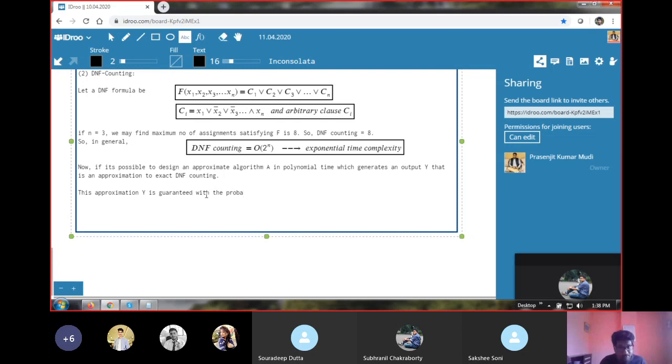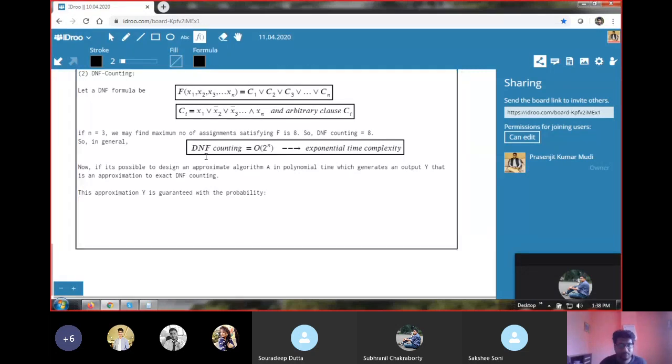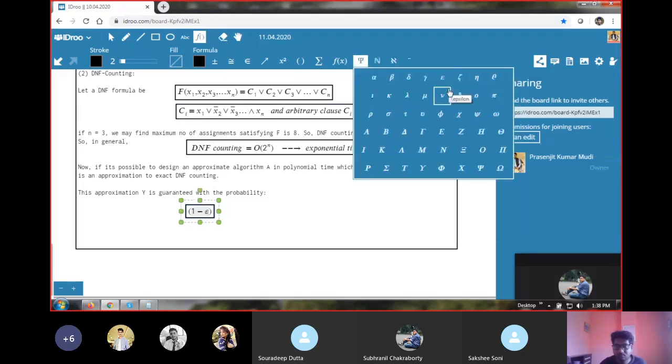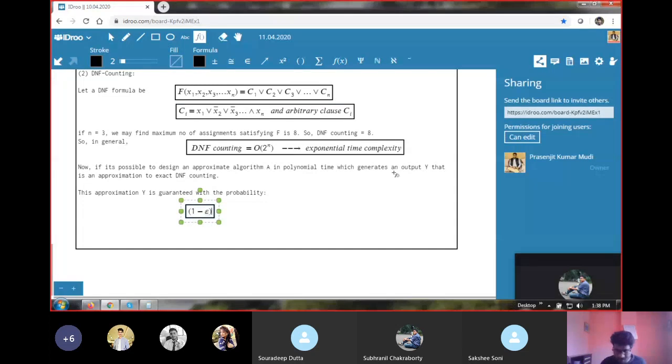The probability, obviously probability is coming. So with the probability 1 minus epsilon, into DNF counting.